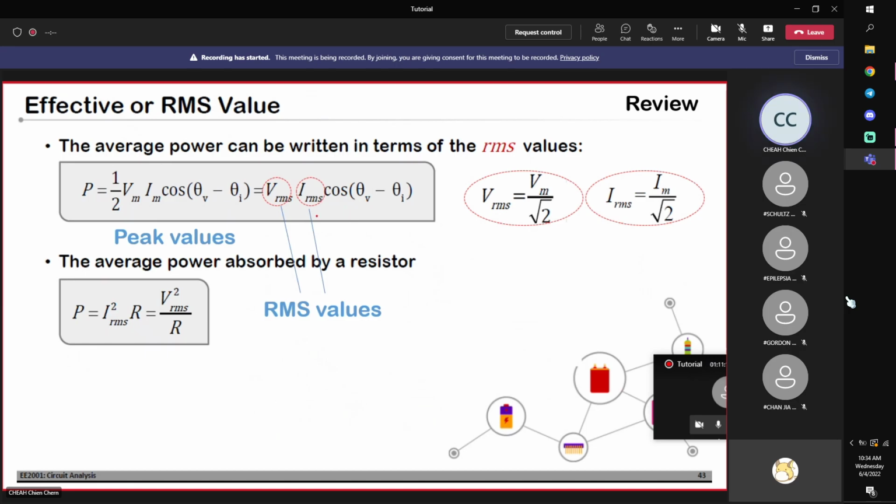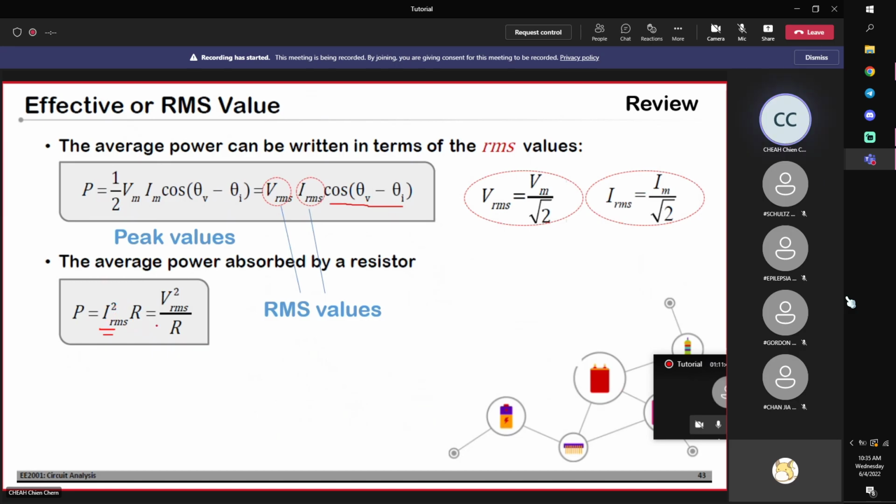So this is easier to remember, because we know that power is V times I. The only thing is that now for these AC circuits, you have to multiply by the power factor, cosine theta. For average power absorbed by resistors, you can see that by using the RMS value, it is similar to what we have learned in week 1 and week 2: I squared R, V squared over R. So this is called the effective current.